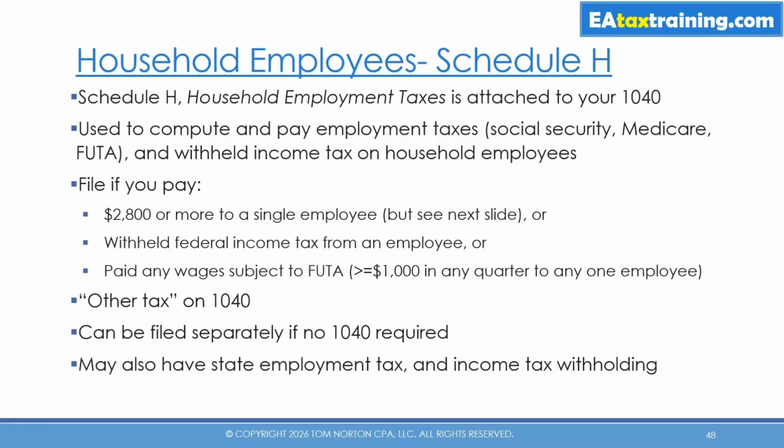So if you had any of these things, then you are going to have to pay household employment taxes and file the Schedule H. Again, it is an other tax on the 1040. If the taxpayer is not required to file a 1040, they can actually file Schedule H by itself. And then also you want to remember that you may also have state unemployment tax and income tax withholding as well.